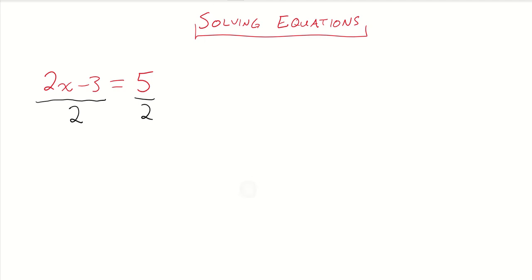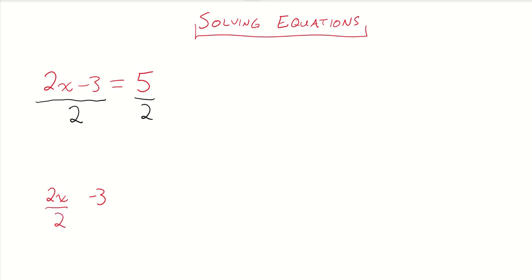So if we do that, then we have to somehow start to play around with this big fraction on the left here. And one thing that we can do is rewrite this big fraction as simply 2 fractions with the same denominators. So I'm just going to write 2x minus 3. 2x is this term. It has a denominator of 2.